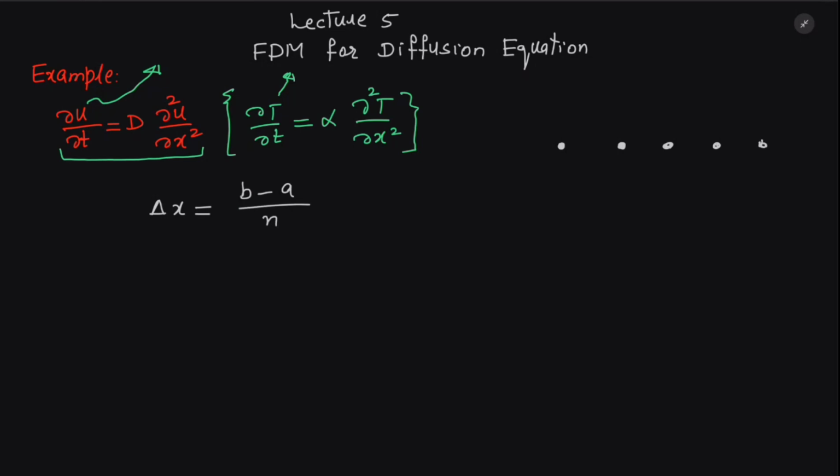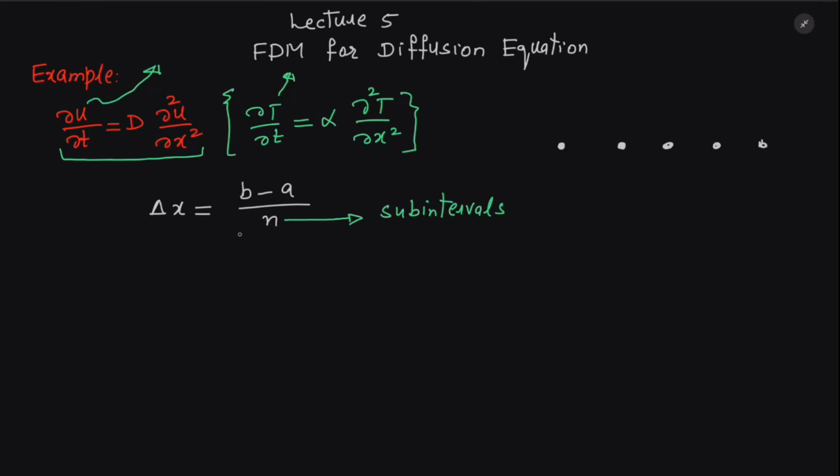Remember that in the finite difference method, this n is called subintervals. Some people mistakenly call this n the number of grid points, which is not correct.